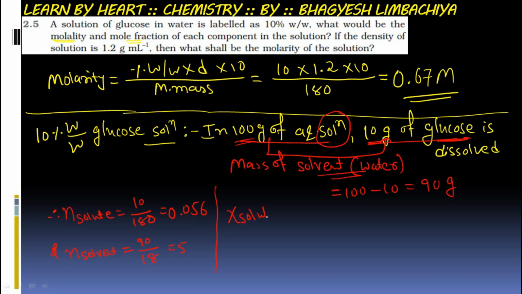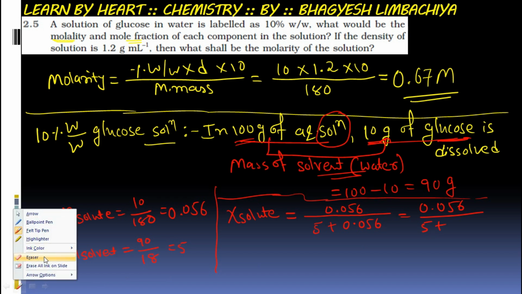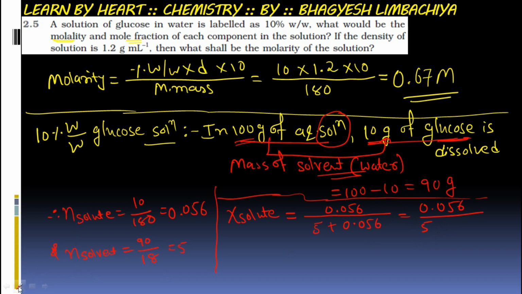So the mole fraction of solute, X solute, will be the number of moles of solute, that is 0.056, divided by the sum of moles of solvent and solute, so 0.056 divided by 5.056, and the answer is 0.011.